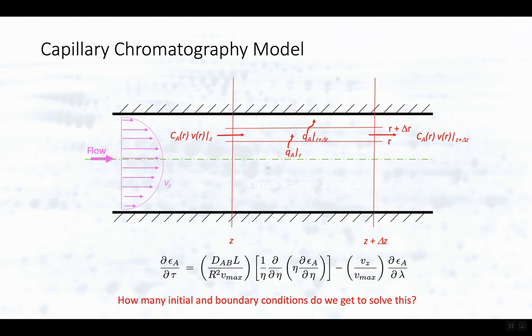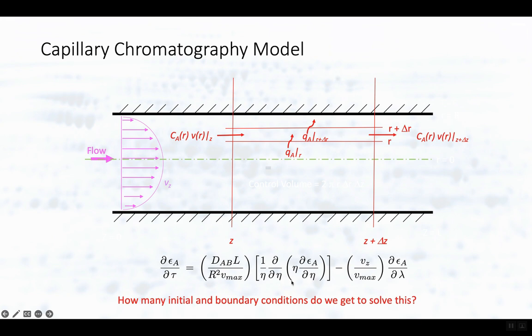That should be familiar. This is in dimensionless form. But how many initial and boundary conditions do we need in order to solve this equation? Well, we have the first derivative with time, in this case dimensionless, but first derivative with time, so we have an initial condition that we can specify.